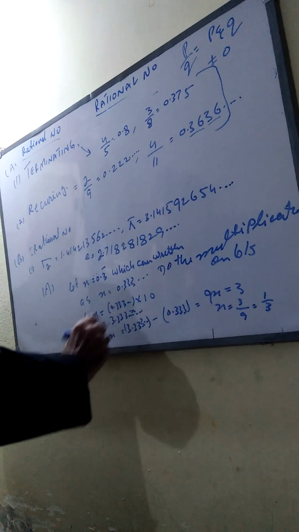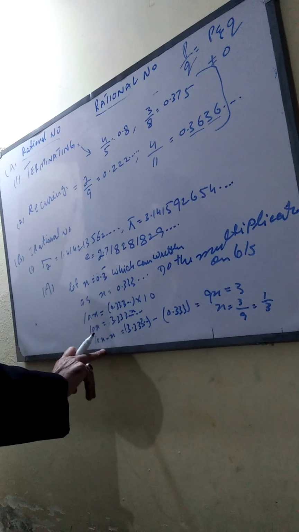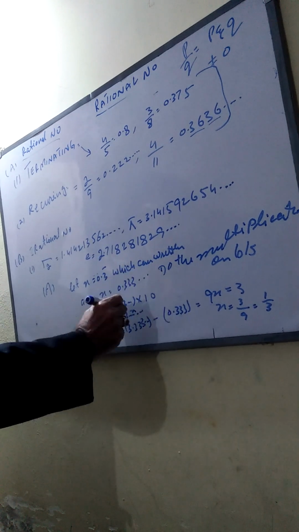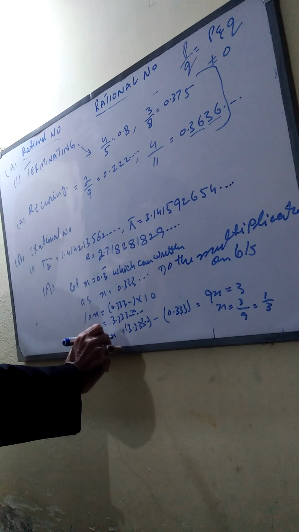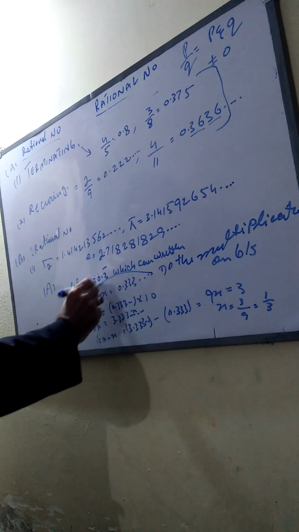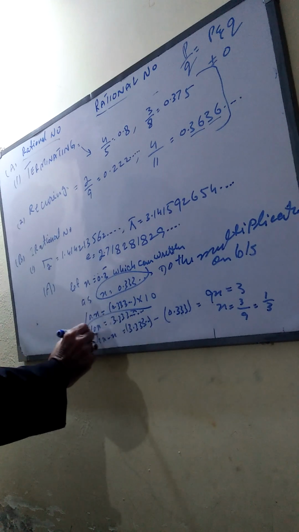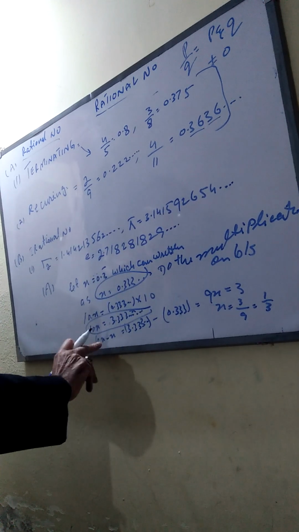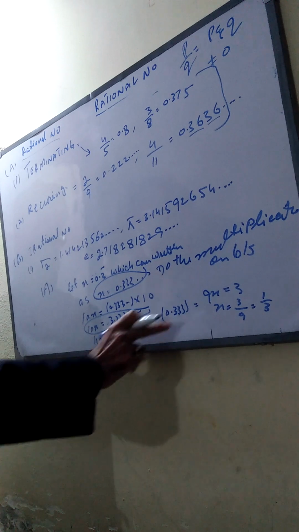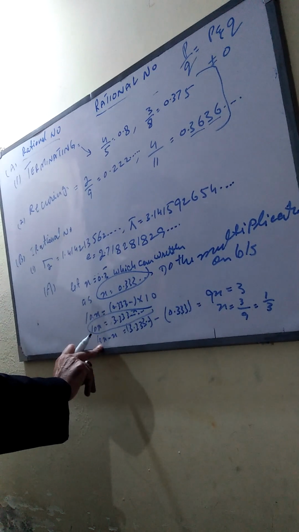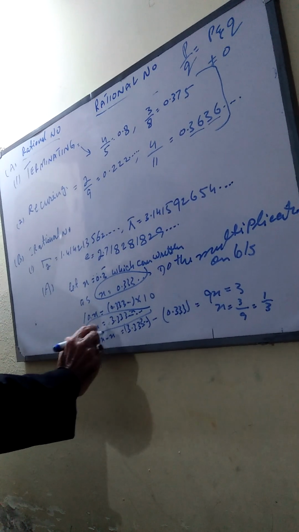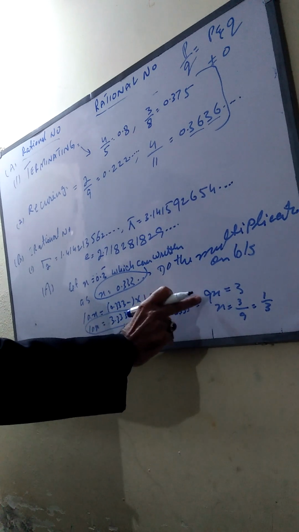Now subtract this value from this, then it will become 10x minus x. When you subtract x from 10x, it will become 9x.